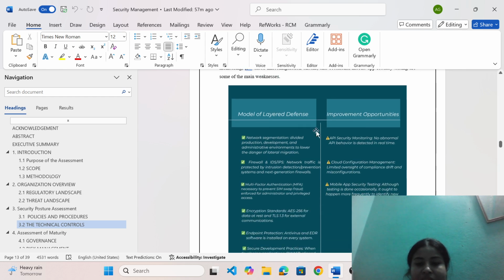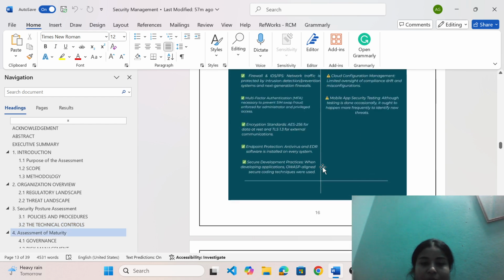So I mentioned API security monitoring improvement, cloud configuration management, and mobile app security testing improvement. These fall under the improvement opportunities.